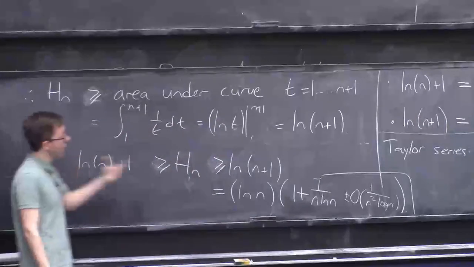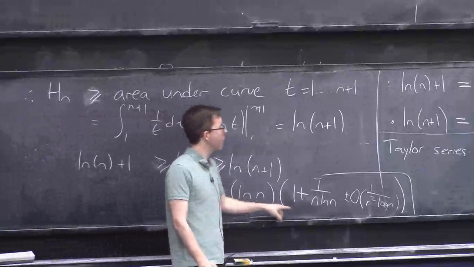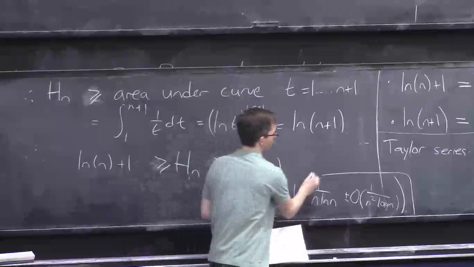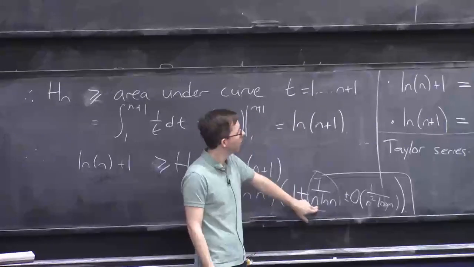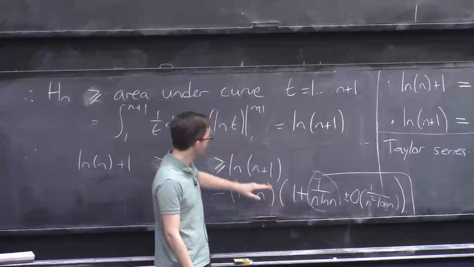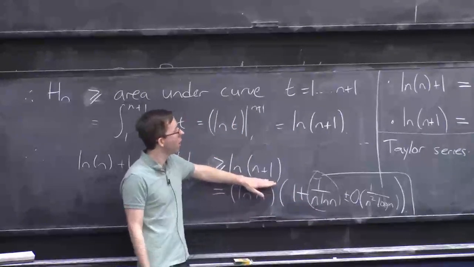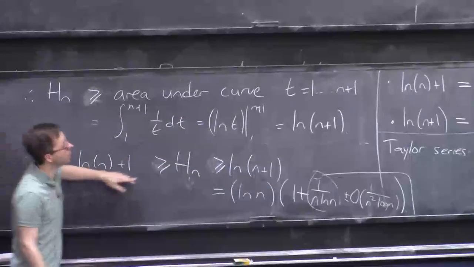So this shows that this quantity is like log n times something that's going to 1. And this is telling you how fast it's going to 1. It's going something like 1 over n, even a little bit faster. So maybe the punchline is that this thing is much closer to ln n than this one was, where we had this expression.